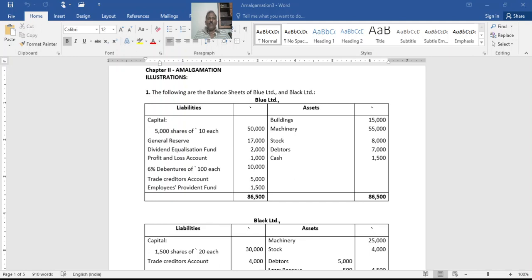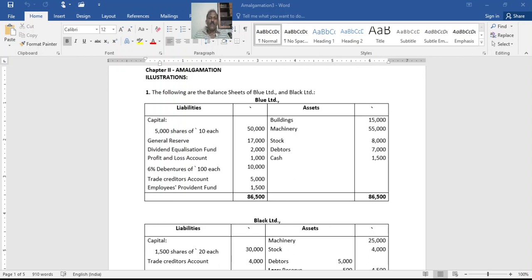In this problem, illustration number one, the following are the balance sheets of Blue Limited and Black Limited. First, Blue Limited's balance sheet. In liabilities and assets, capital 5,000 shares of 10 each, 50,000. General reserve 17,000.